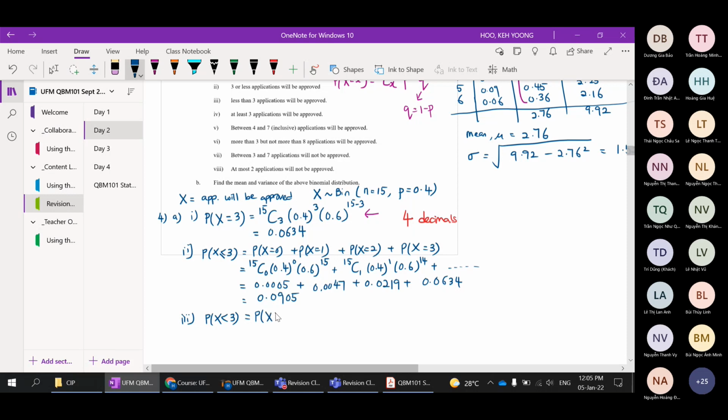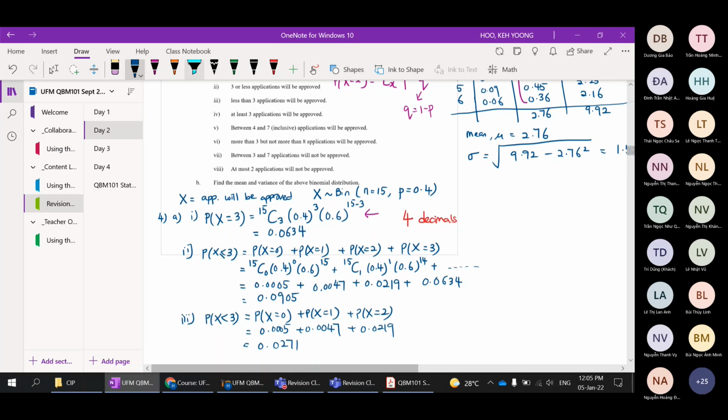So you have x equals 0, 1 and 2 only. I'll just copy the probability from question 2, since you have calculated manually or referred to the tables already. So this is the answer.